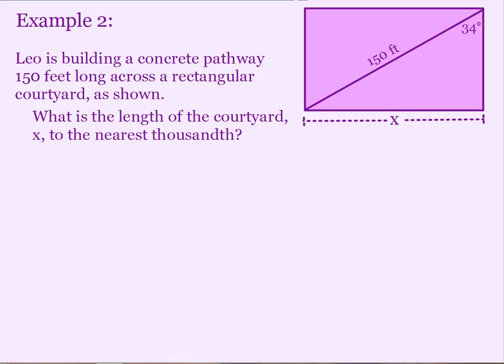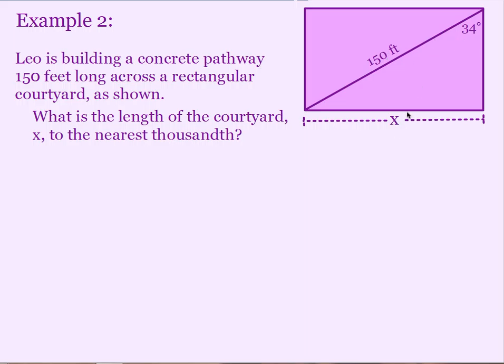We want to know what the length of the courtyard is, so we want to find x to the nearest thousandth, and it gives us that we have one angle that's 34 degrees. So first of all, our right angle is going to be down here in the right corner. So if I'm looking at 34 degrees, I know the hypotenuse, right? 150 would be the hypotenuse.